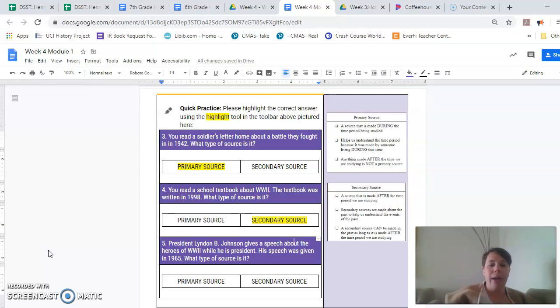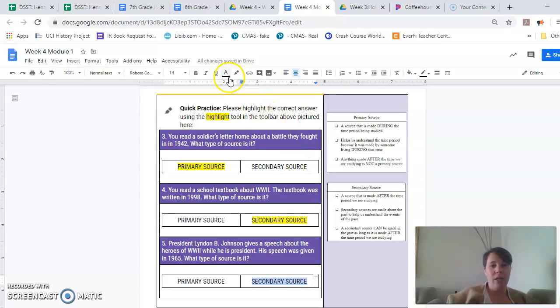But he was giving a speech about heroes of World War II 20 years after the fact. In all likelihood, he could have spoken to people that were fighting in World War II. He could have even actively interviewed them. But generally, because he's giving a speech well after the fact, we're actually going to call it a secondary source.